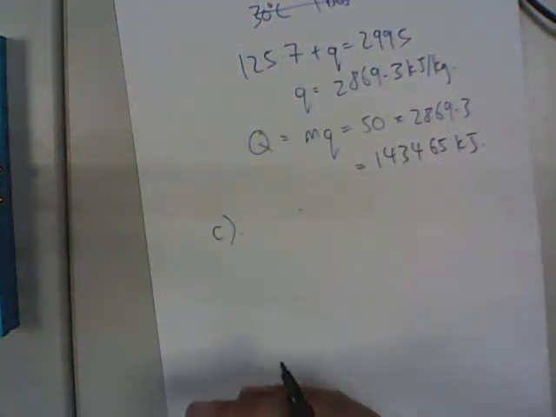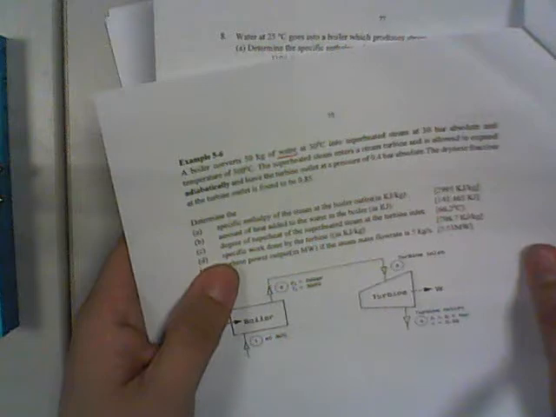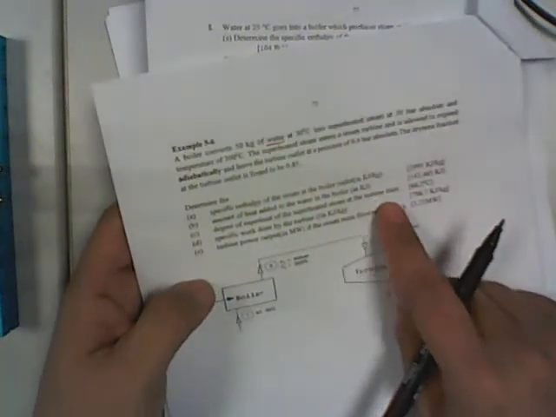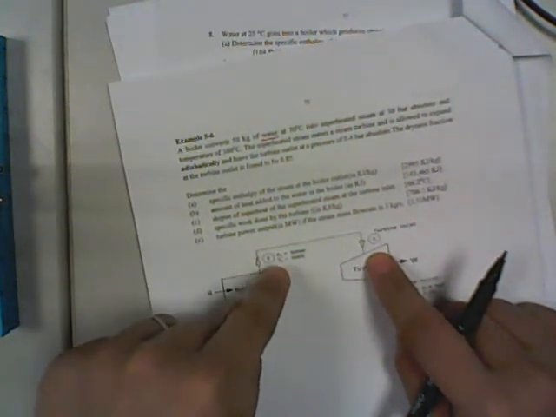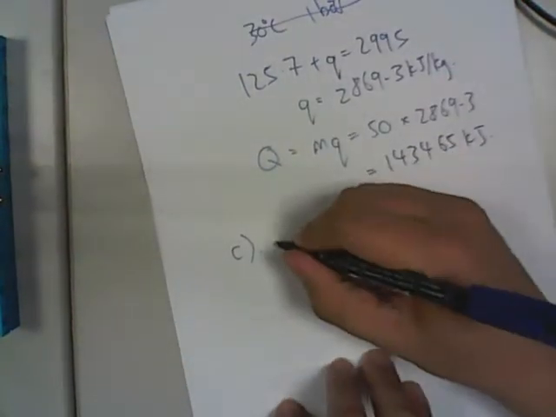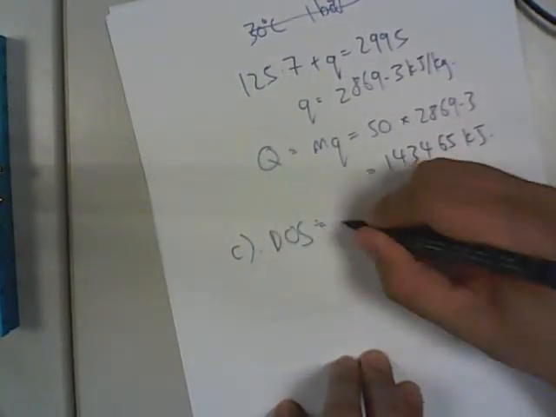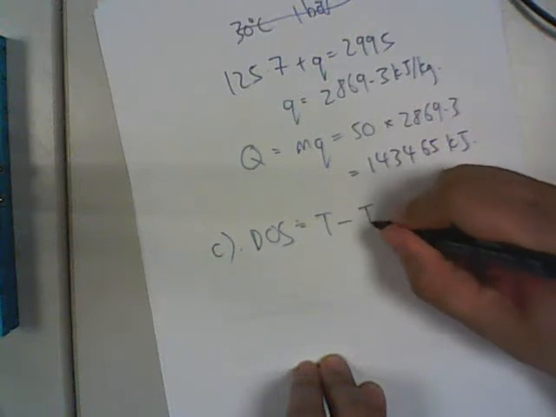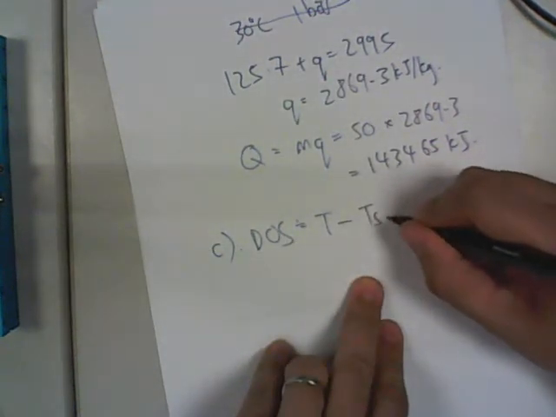Part C. Degree of superheat at the turbine inlet. Okay, like I said, turbine inlet state 3 is actually the same as the boiler outlet. So your temperature is 300, your pressure is 30. Okay, degree of superheat is that temperature minus the boiling point at that pressure.